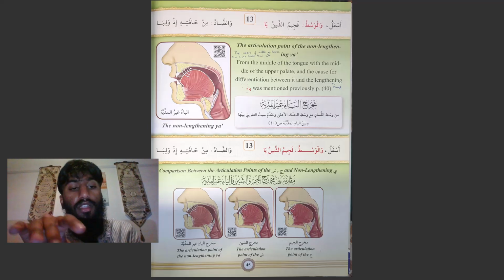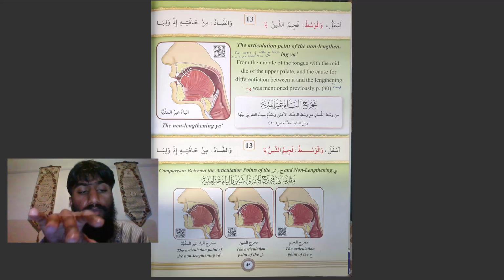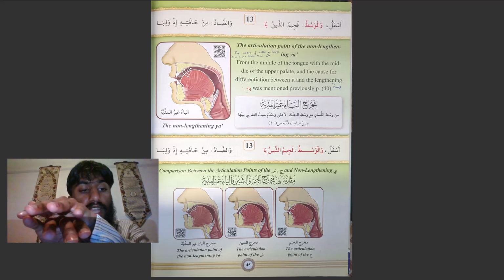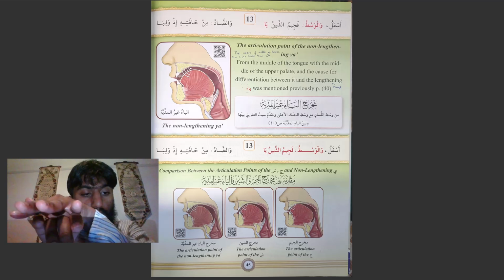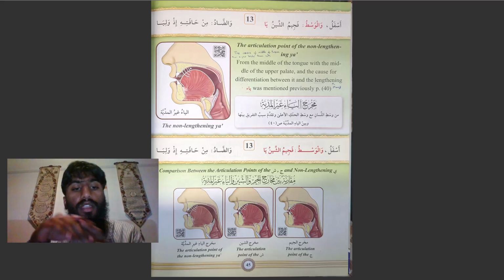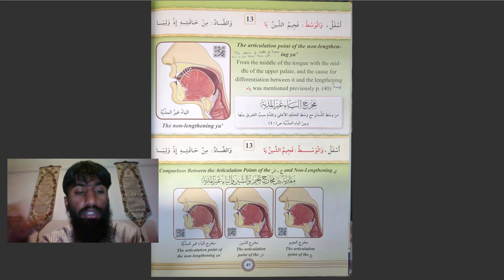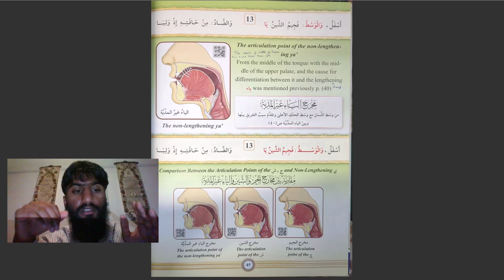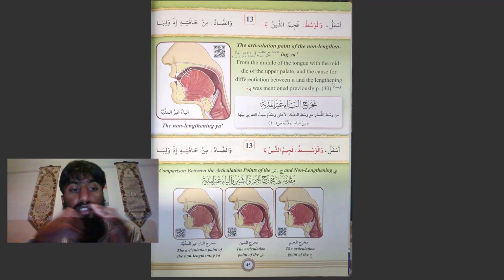Sheen has a different case. It's got a little bit of a canal in the middle, so that air can pass. So look, the sides of the tongue are touching more, but it's got a bit of a hole in the middle, so air can pass through. Shh, shh. It's not fully. The tongue is not fully touching with hard pressure, such that the sound stops.